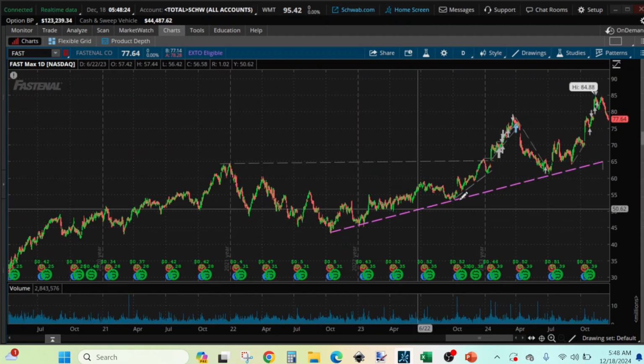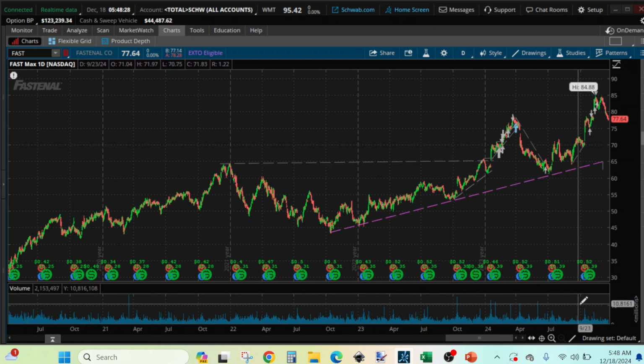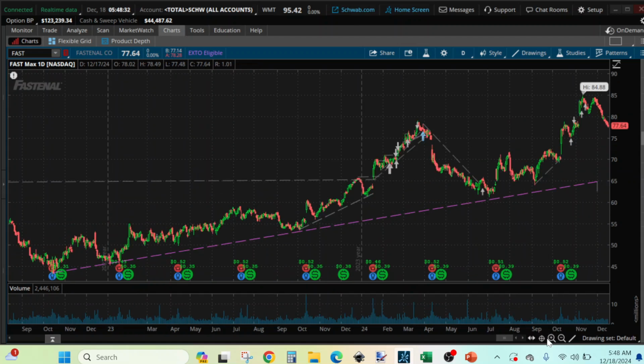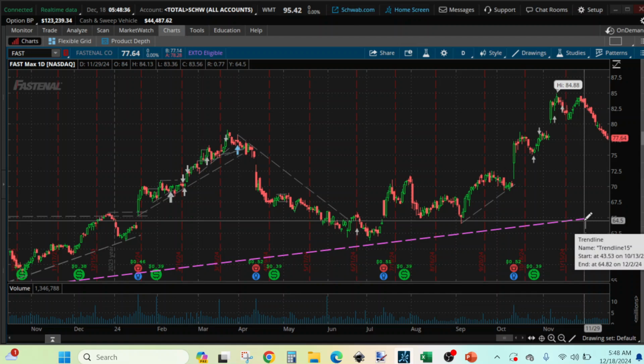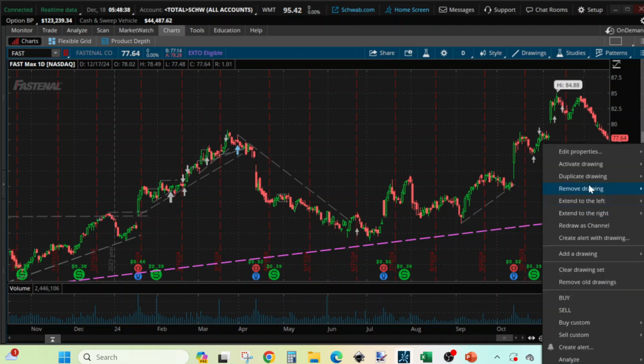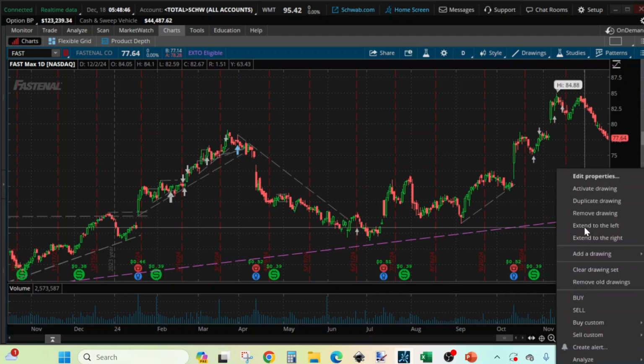Okay, so you can see on the maximum daily chart, you'll be able to see multiple lows. Let's delete that one, don't know why it's in there.